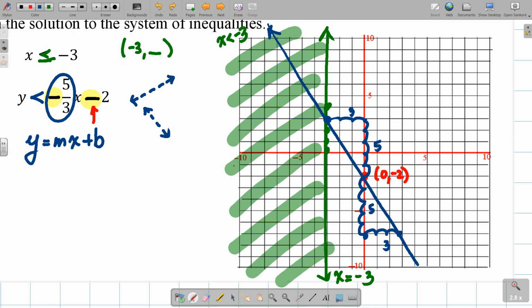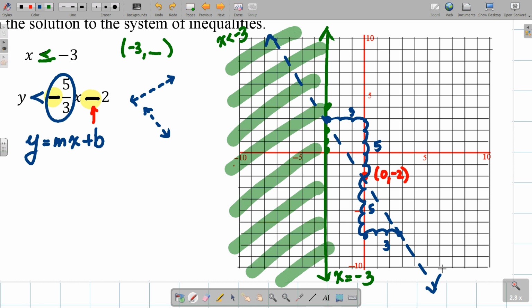Now, whoops, we forgot to dot it here. It has to be dotted. Now, the issue of graphing: you want to choose any 2 points on either side of this line.